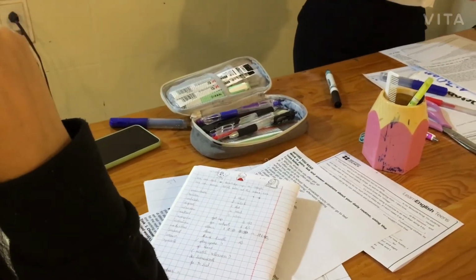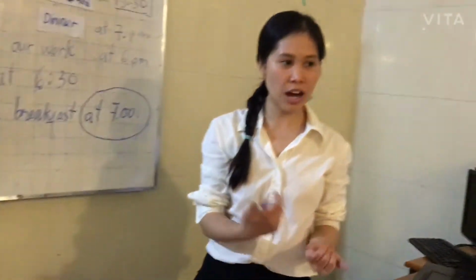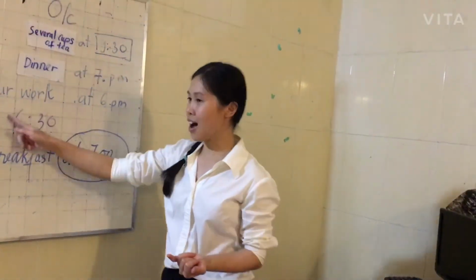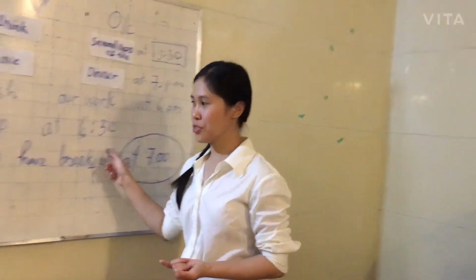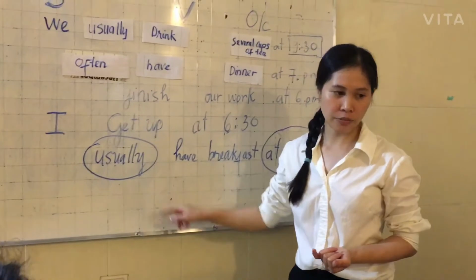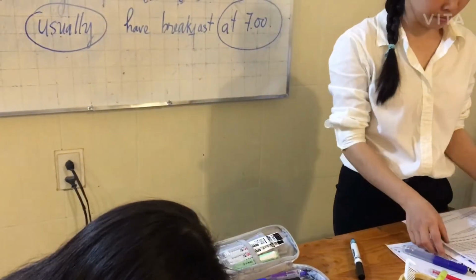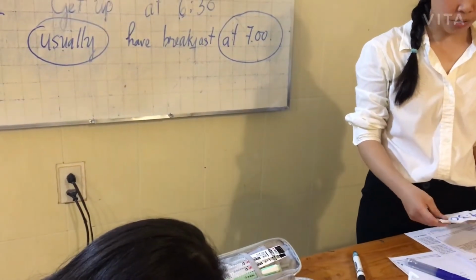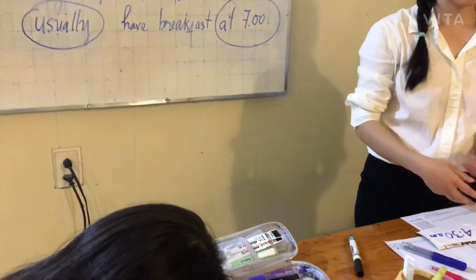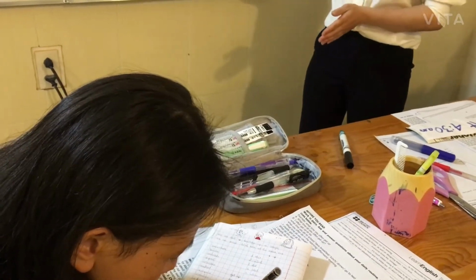The second sentence, you use subject, verb, object, and add in the time. And the third, you add in a verb of frequency.